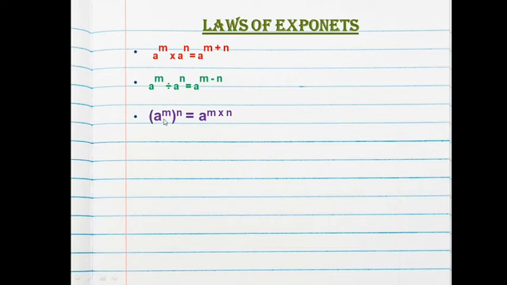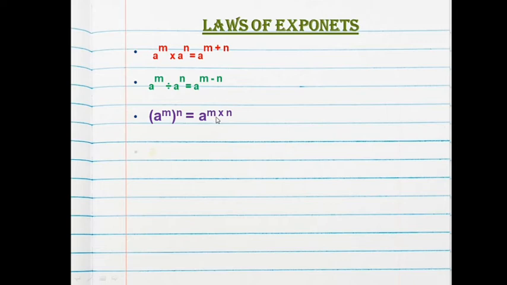It means power of power is given, and when a base is given and its exponent is given with another exponent again, that time we have to perform the multiplication between these two exponents, or we can say it as a power of power. So that is a raised to the power m whole raised to the power n is equal to a raised to the power m into n.